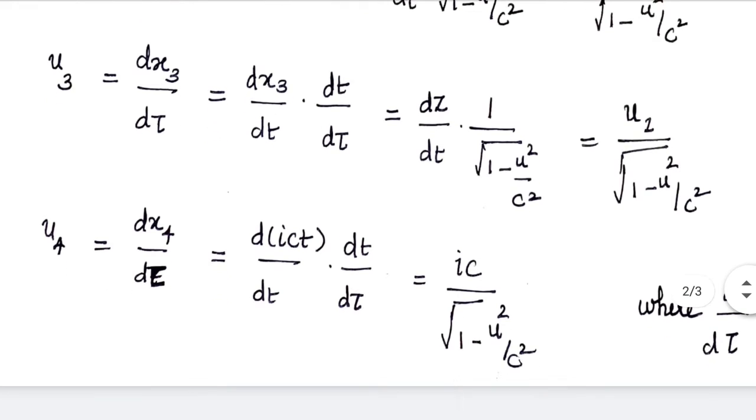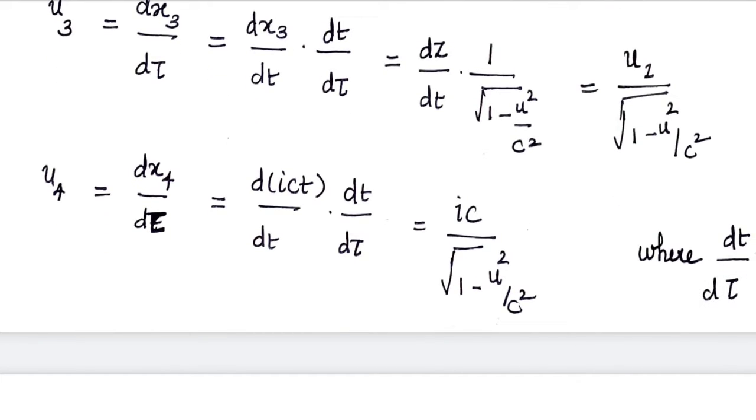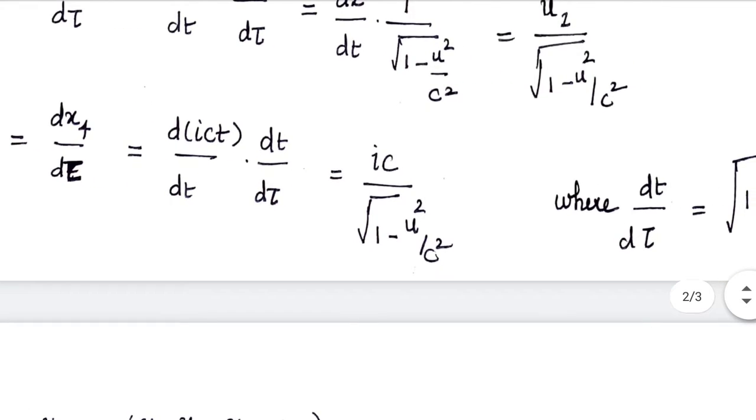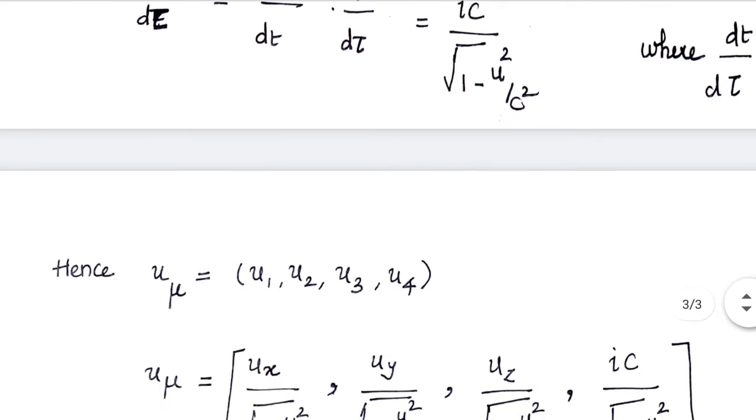The fourth component u4 is given by dx4 by d tau. We know the value of x4 is equal to ict, so d of ict by dt into dt by d tau. So it is ic divided by root of 1 minus u square by c square, where dt by d tau is given by 1 over root of 1 minus u square by c square.